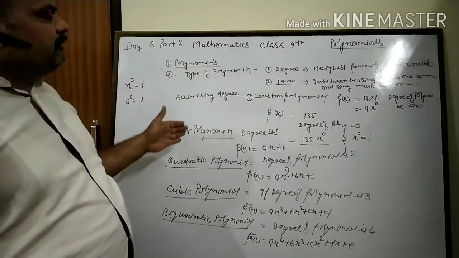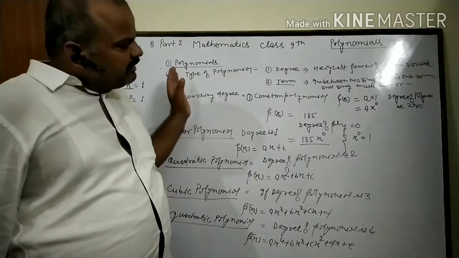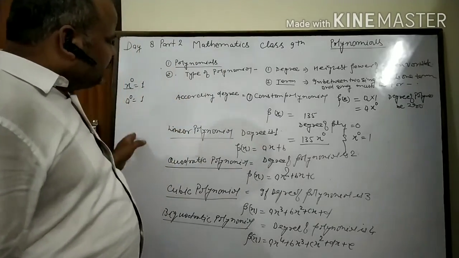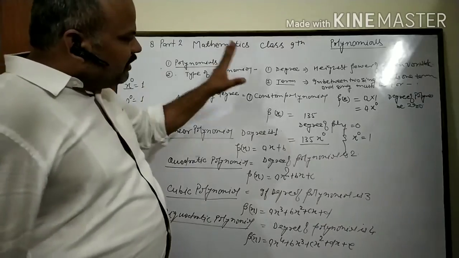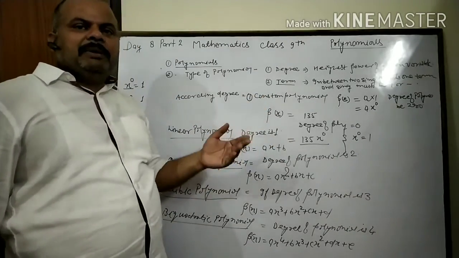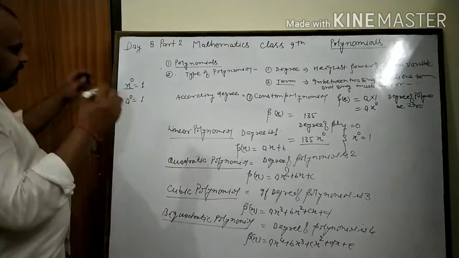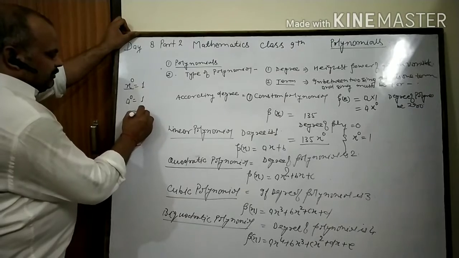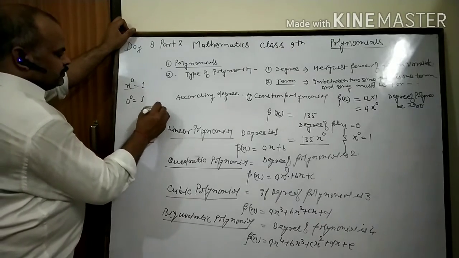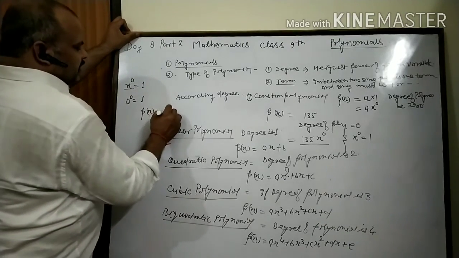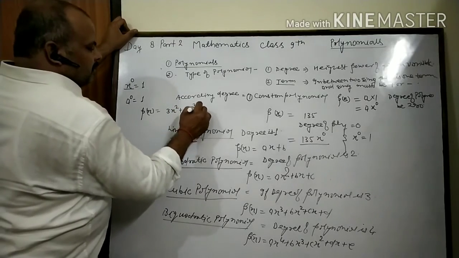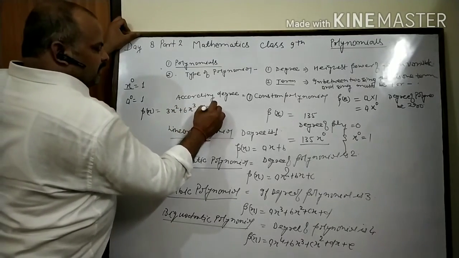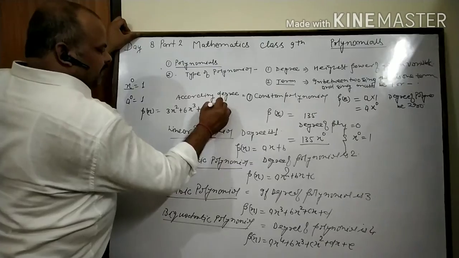By this way we can classify which type of polynomial this is, because in exercise 2.1 you get this type of question. It is given which one is the linear polynomial, which one is the constant polynomial. Then according to degree you can show which type of polynomial. Suppose a polynomial is written p(x) is equal to 3x square plus 6x cube plus 4y to the power 9.